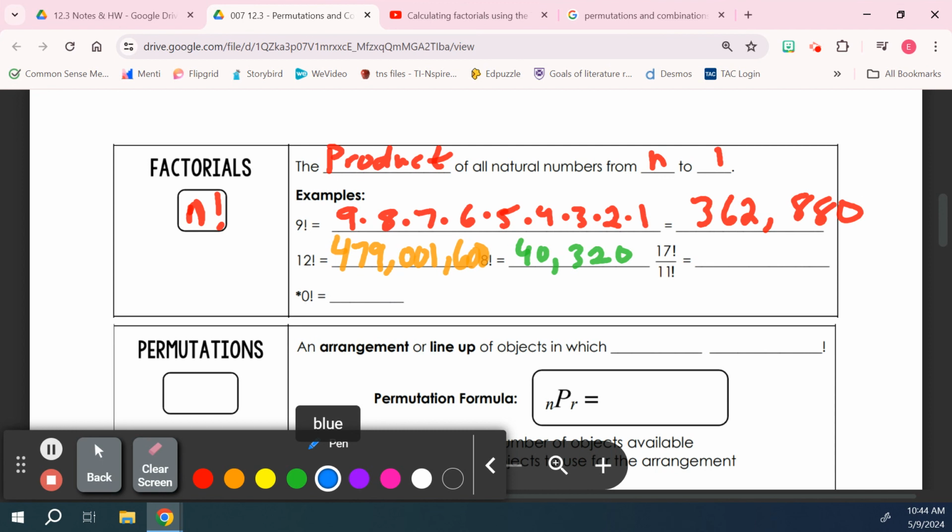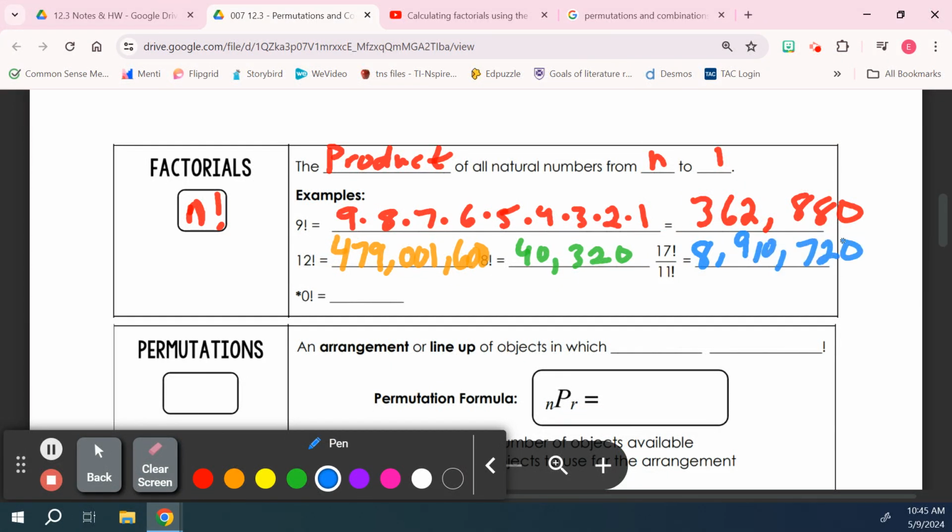You just put it in your calculator. What do we get? Very good. There it is.